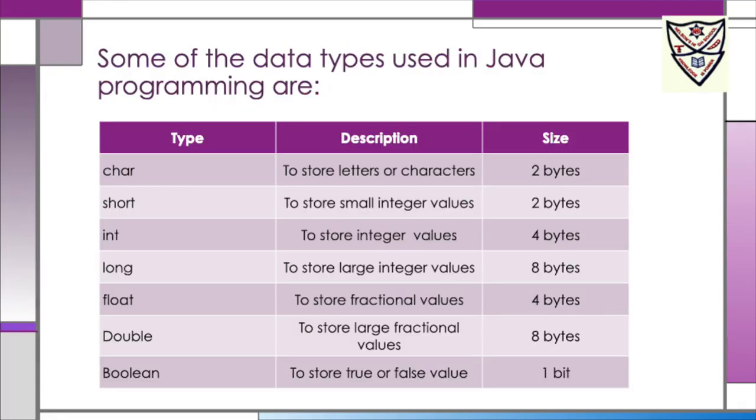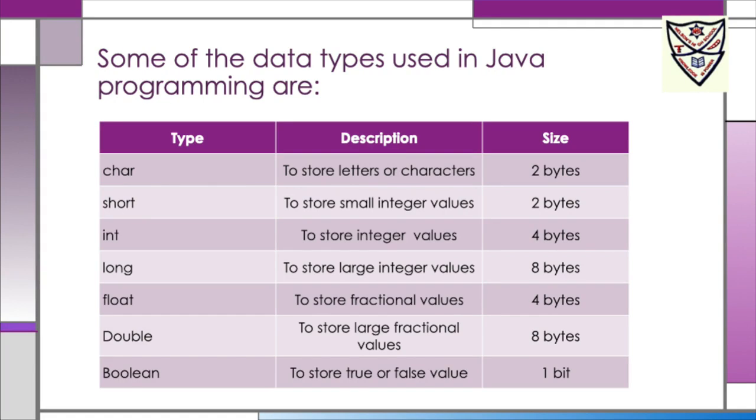Here you can see the information about different types of data types and their descriptions along with the size that they occupy. First we have the character type. It stores letters or characters and occupies 2 bytes. Next we have short. It stores small integer values and also occupies 2 bytes.